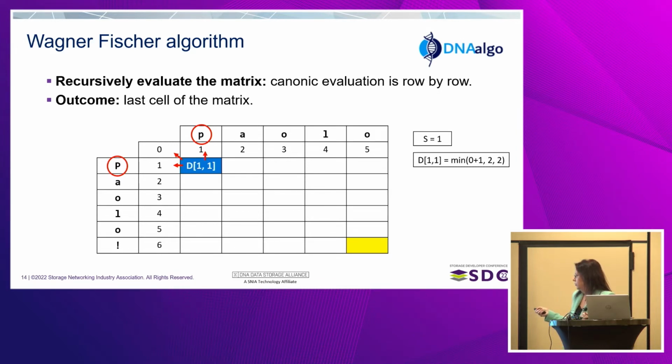So 0 plus 1. Then we take the value on the upper part, which is 1, and add 1, which is 2. The value on the left-hand side, which is 1, plus 1 again. So the value in that cell will be the minimum among 1, 2, and 2, which is 1.